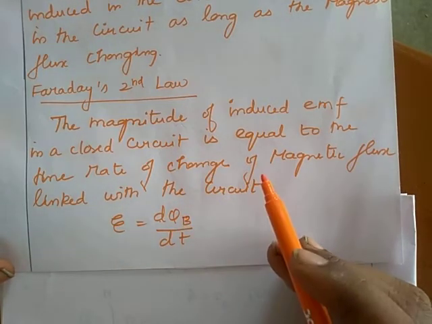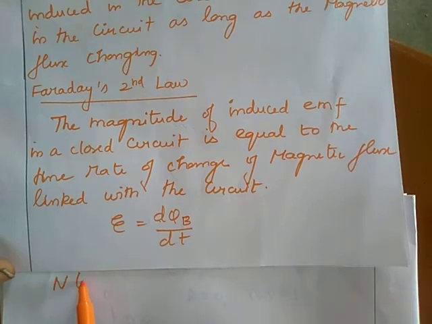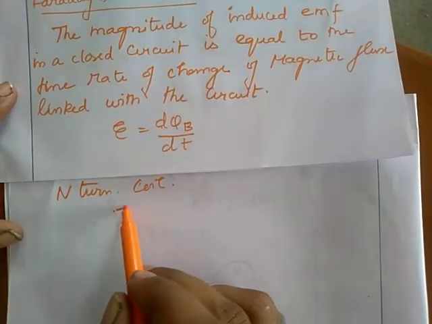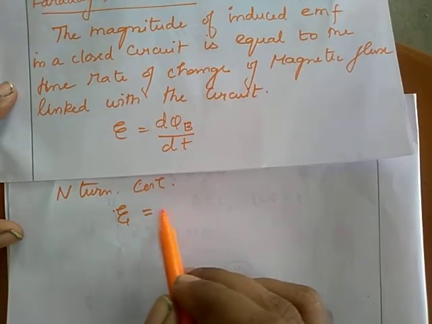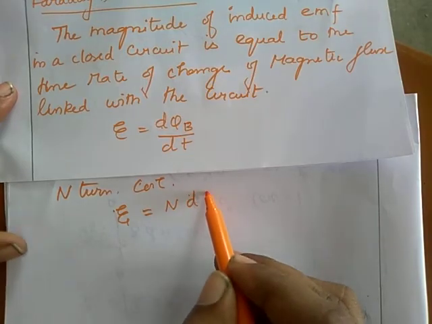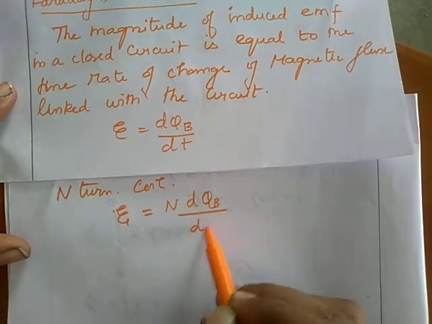If suppose the coil consists of N turns, for this case the EMF can be written as ε = N dΦ_B/dt.